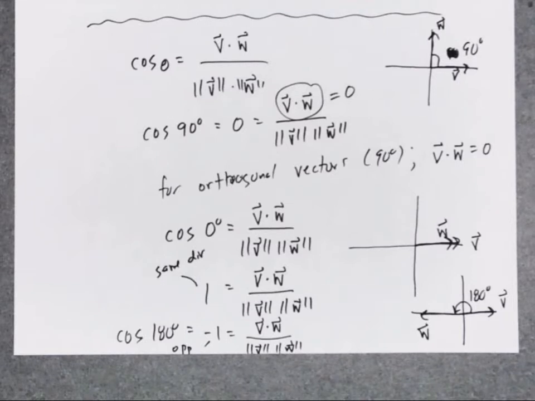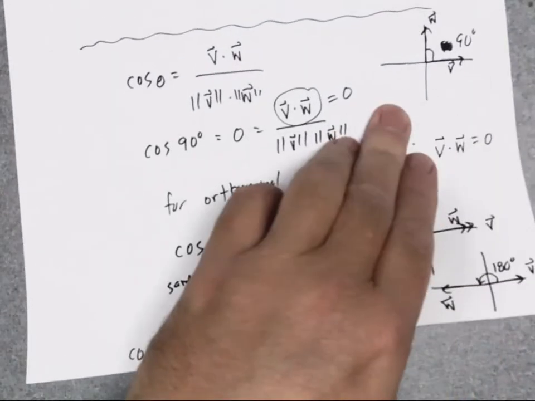And if they are parallel, do they go in the same or opposite directions? That's going to be the question. And it's actually a pretty simple procedure to answer the question. Matter of fact, let's just go ahead and do a couple of example problems.